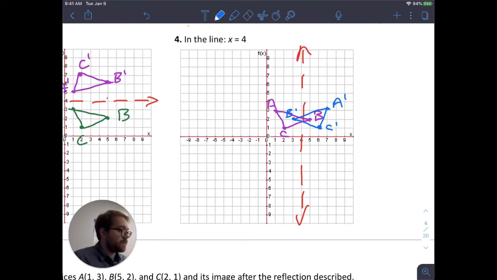And there's C prime. Okay. So you can see how in that one, because the line of reflection went through the figure, the figures are still on top of each other and how they're reflected in that case. So when we're working with this line of reflection and trying to reflect a figure, we need to know how far those points are from that line of reflection, because that will tell us how far away they are in the image.